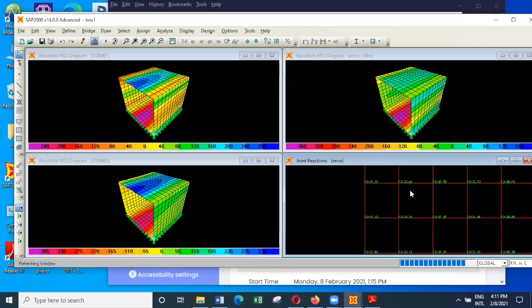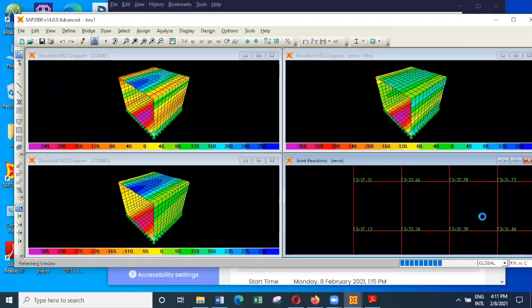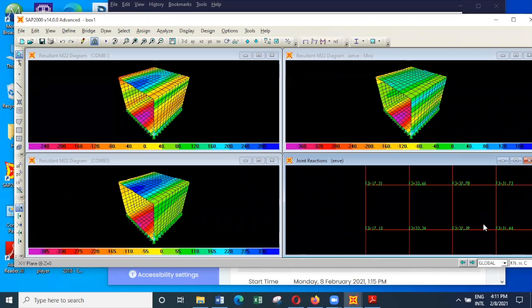Each spring is carrying a load of like 33, 32, and 33 over 0.5 by 0.5.